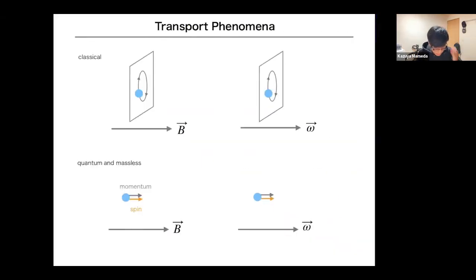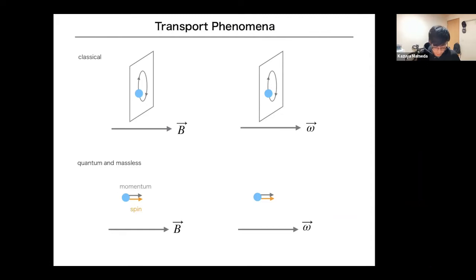And furthermore, if you consider the chiral fermion or massless fermion, massless particle, then momentum direction should be parallel or antiparallel to the spin direction.